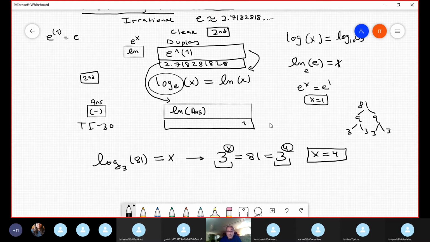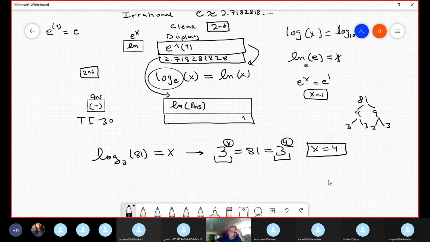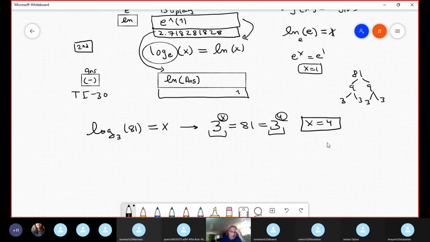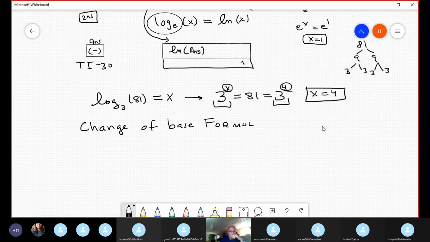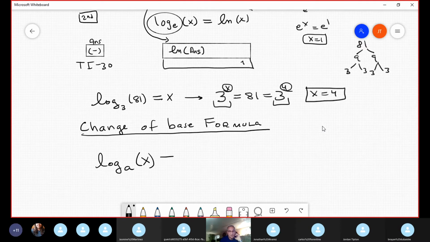Okay, but let's do this operation using the calculator. There is one formula, a super important formula, in my opinion the most important formula. The name of this formula is change of base formula. The change of base formula says the logarithm of any arbitrary base a of x is equal to another logarithm of another arbitrary base b.